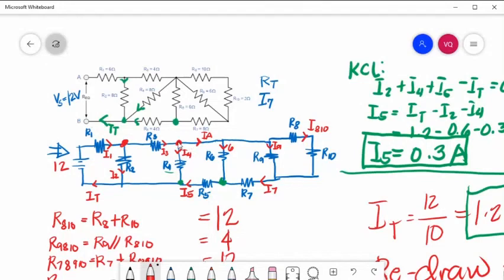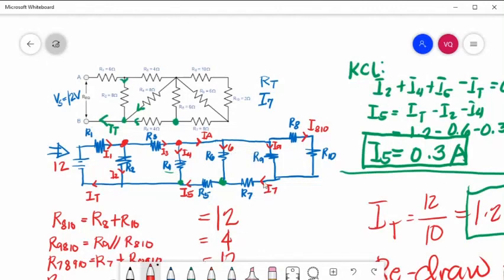Then we will have a KCL here to get IA. This IA supplies the branch current I6, R6.